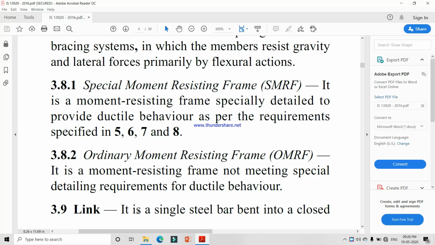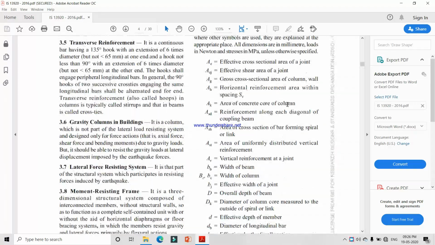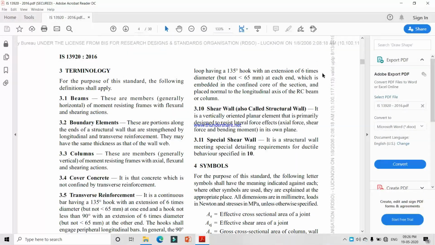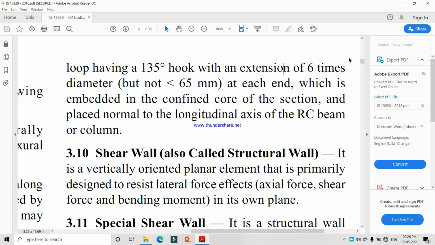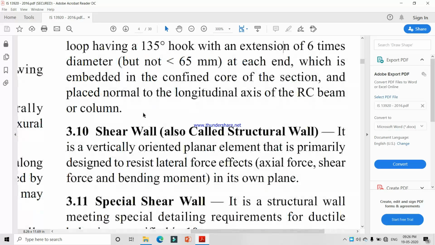This is a link. A link is a single bar with the same 135-degree hook, and the hook length is 6 times the diameter but not less than 65 mm. It confines the section and is provided in a particular section. It gives additional ductility and stiffness.